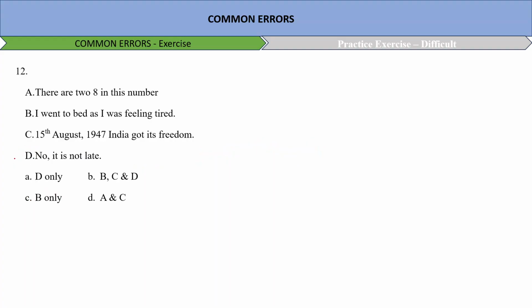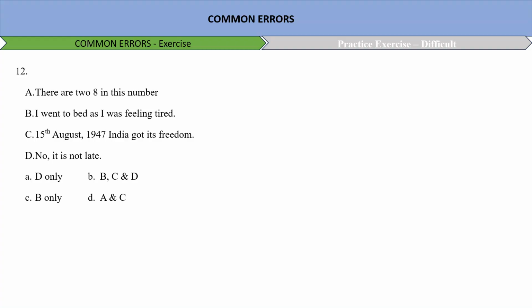Next, there are 2 8s in this number. I went to bed as I was feeling tired. On 15th August 1947, India got its freedom. No, it is not late. Let's check this out as well.